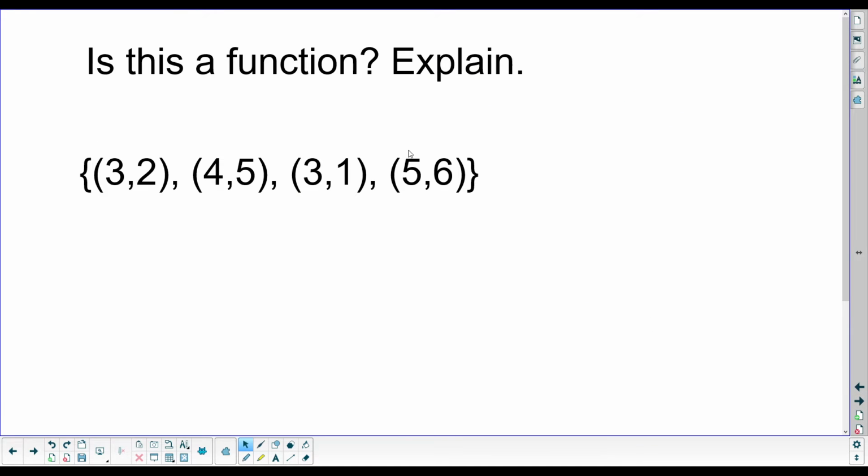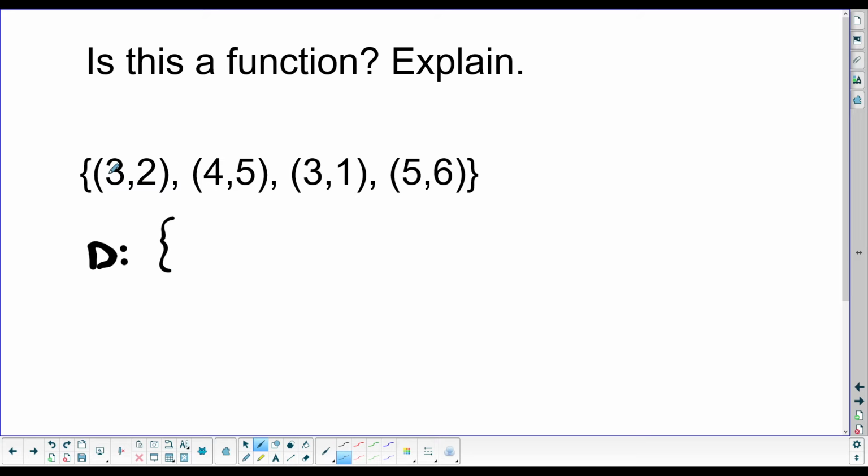So let's take a look at this relation here. Here we have another finite relation, a finite set of points. And the question is, is this a function? So let's look at these and see what my domain is. My domain here is going to be the set of the X values, and so I'm going to write a curly bracket here.